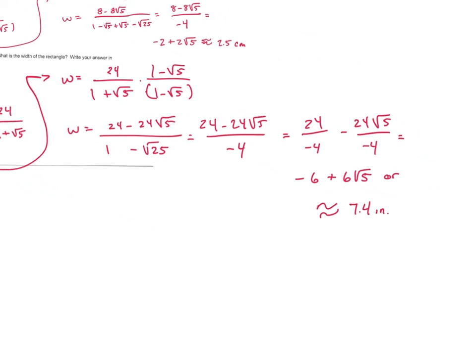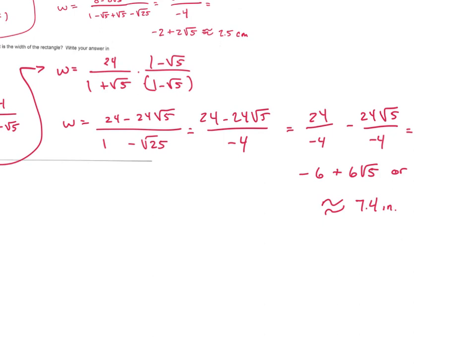And as I go through the rest of the problem, I multiplied, I distributed, and this became 24 minus 24 times the square root of 5 over 1 minus the square root of 25, because my other two products zeroed out. And again, this would be 24 minus 24 square root of 5 over negative 4. I separated those terms because they could be simplified.